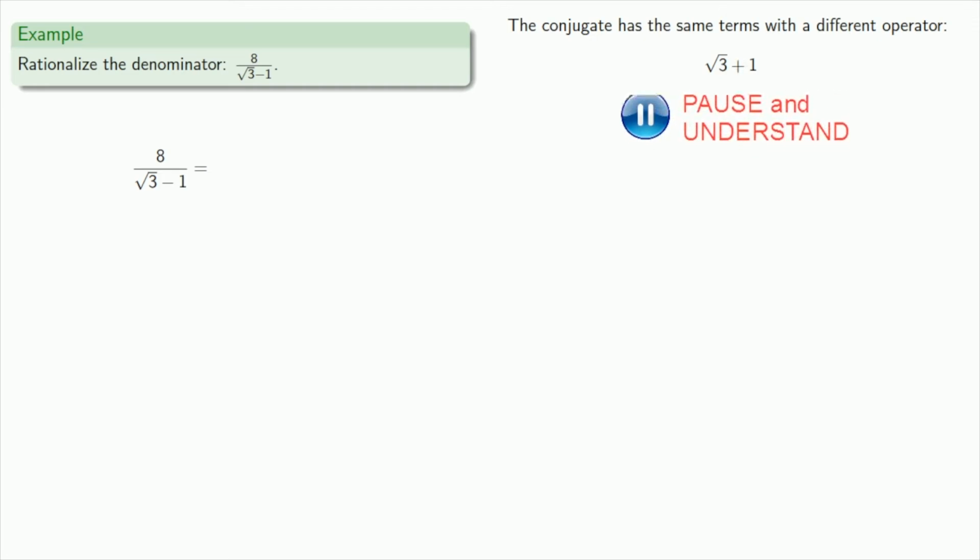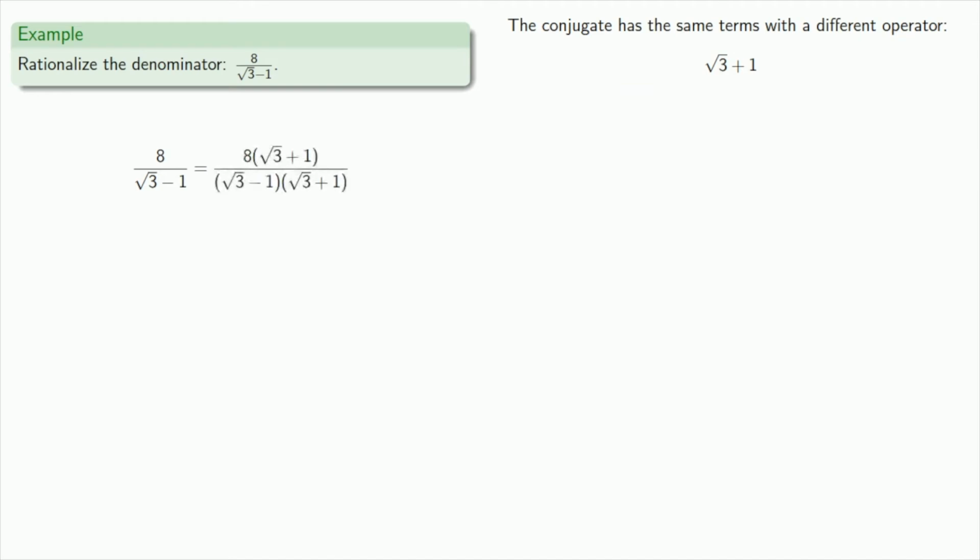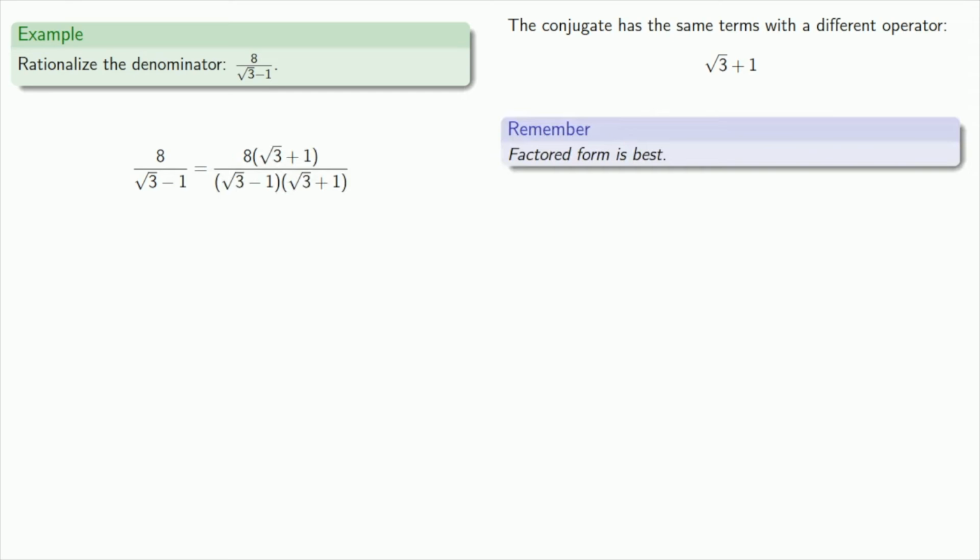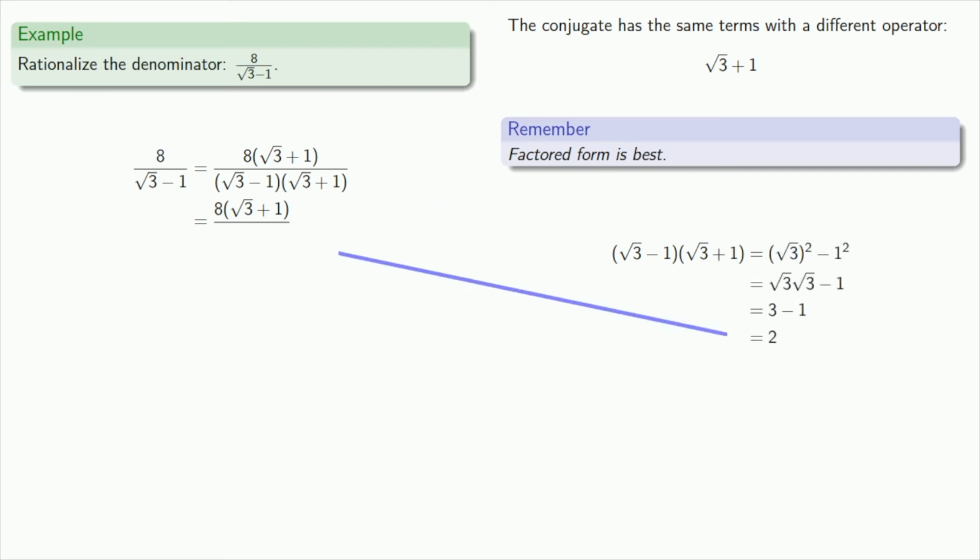Multiplying numerator and denominator by the conjugate. Again, factored form is best, so we'll leave the numerator as 8 times (square root of 3 plus 1). But because we wanted to get rid of the radicals in the denominator, we do have to expand. Which gives us a denominator of 2.